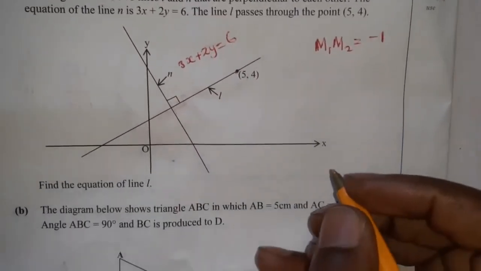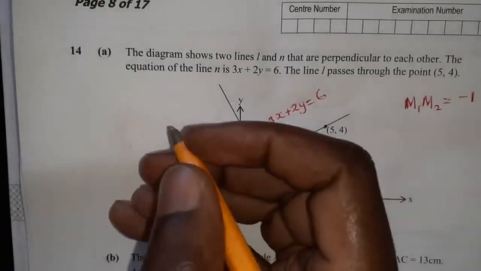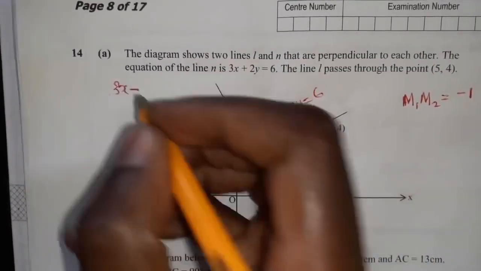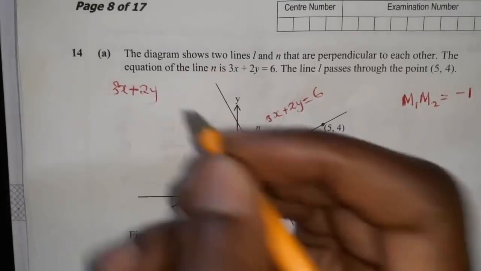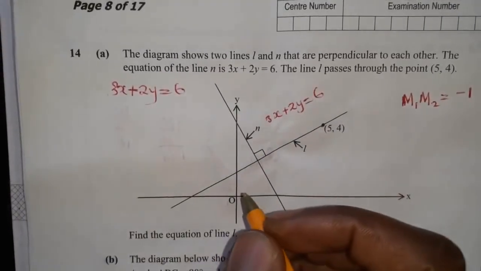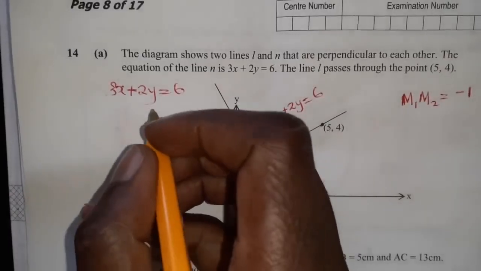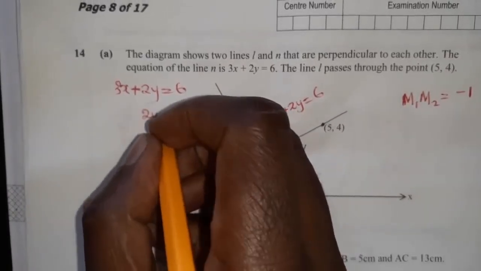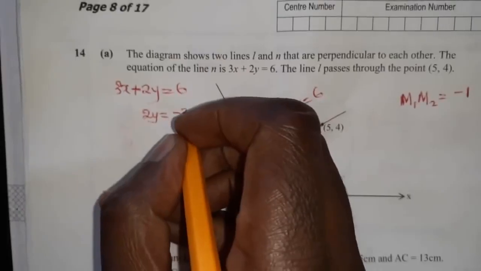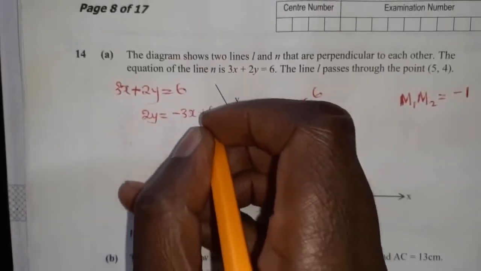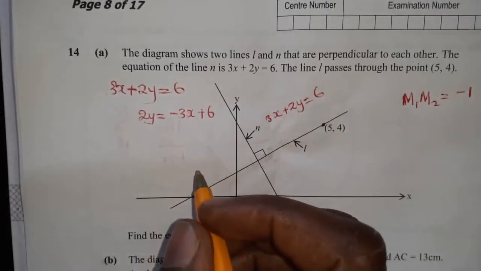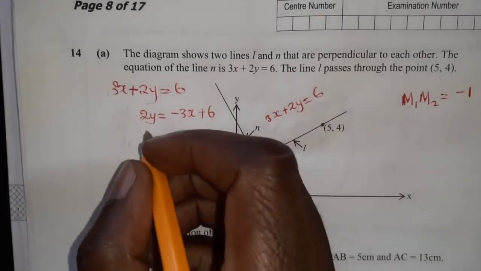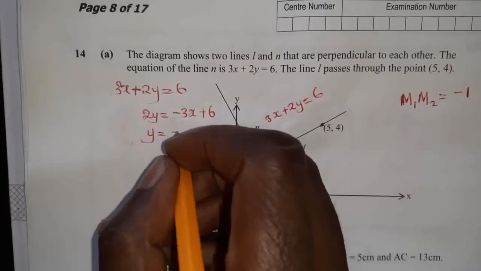So we need to find the gradient of this equation. We write 3x plus 2y equals 6 and make y the subject of the formula. We say 2y equals minus 3x plus 6.